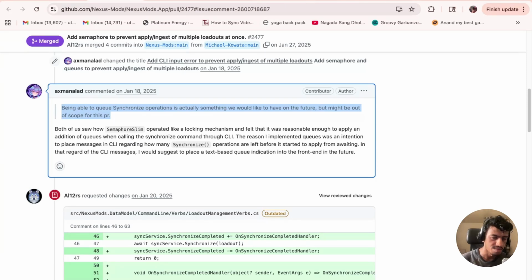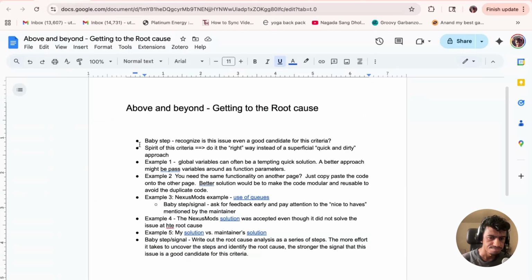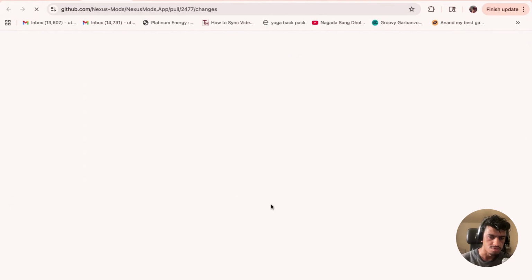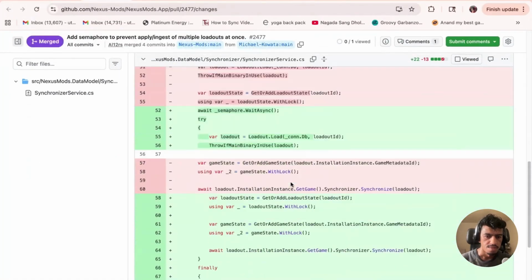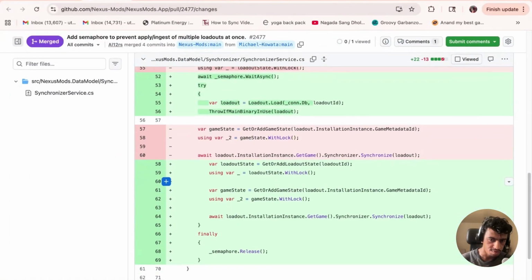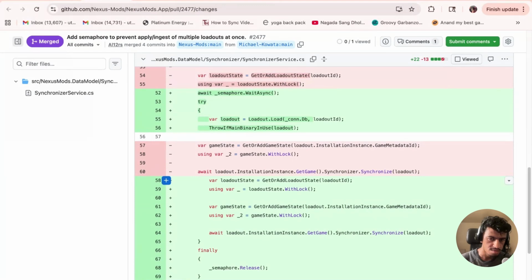Here's another example on the same pull request. The interesting thing about their solution, I'm going to show you the actual diff of their solution now. Their solution solves a problem. The bug goes away. And the maintainers even accepted it. So the maintainers agreed, okay, great, good solution.